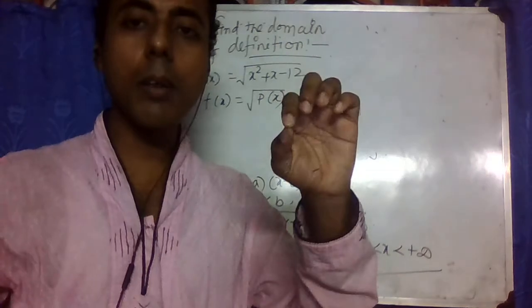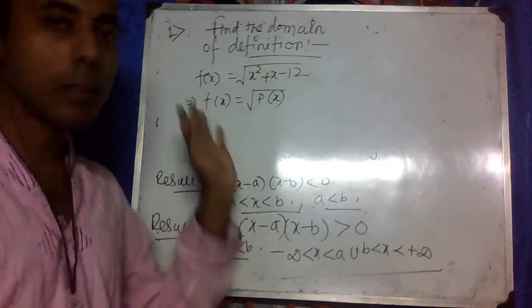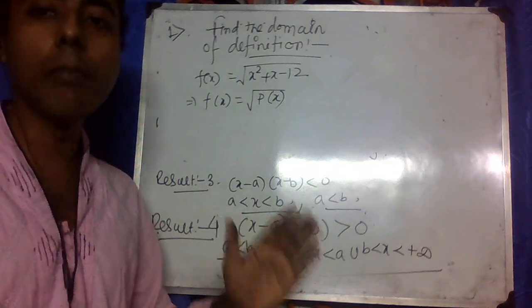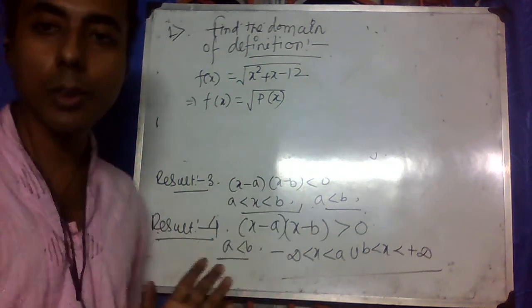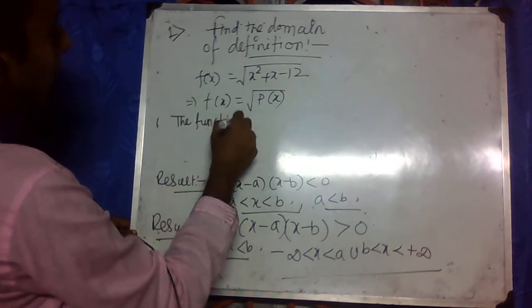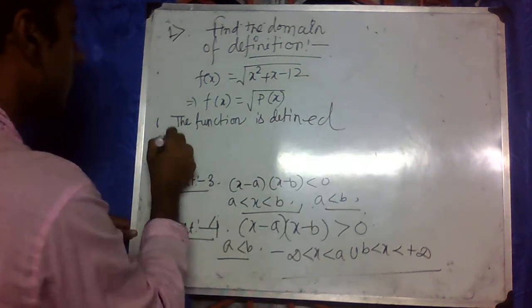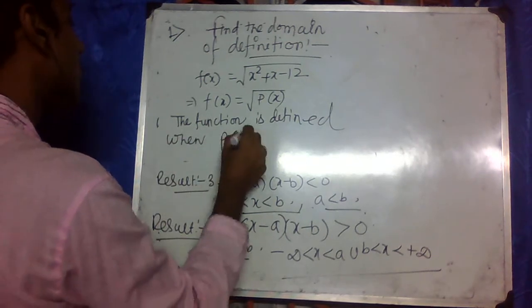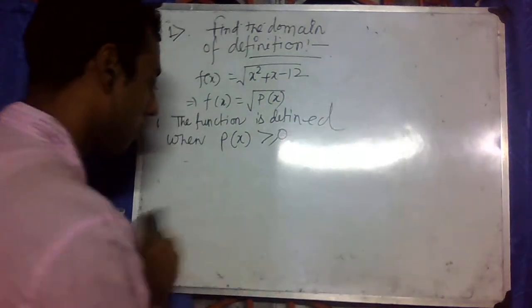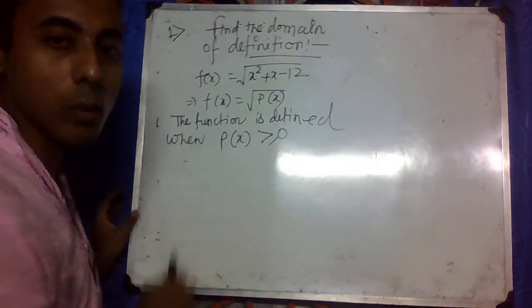So according to the table, if the function is of the form root over p(x), then the function is defined when p(x) is greater than or equal to 0. So the function is defined when p(x) is greater than or equal to 0.